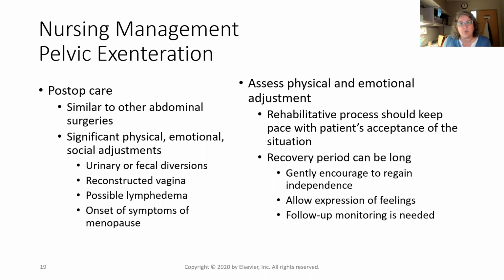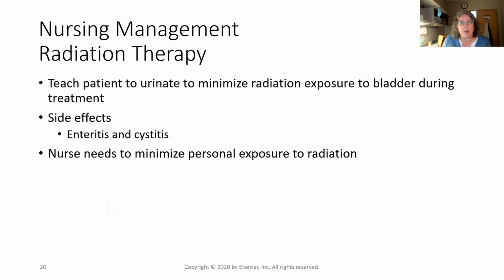Because the cancer was so severe, this person may also be getting radiation therapy, or a person with certain types of female reproductive organ cancers, like a uterine cancer or ovarian cancer, may be getting radiation therapy anyway.